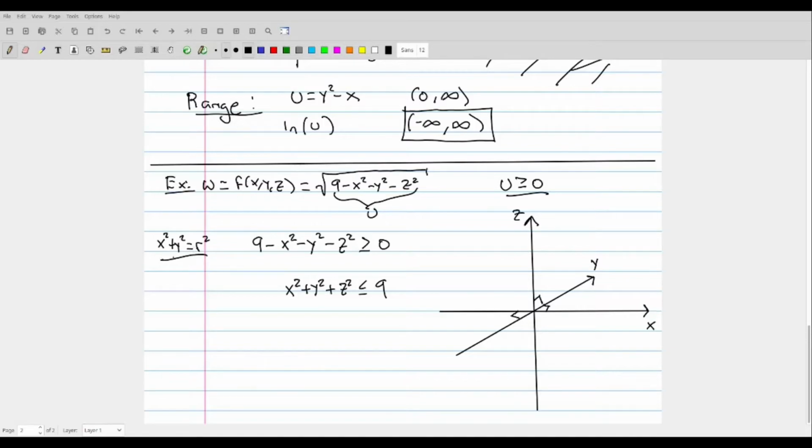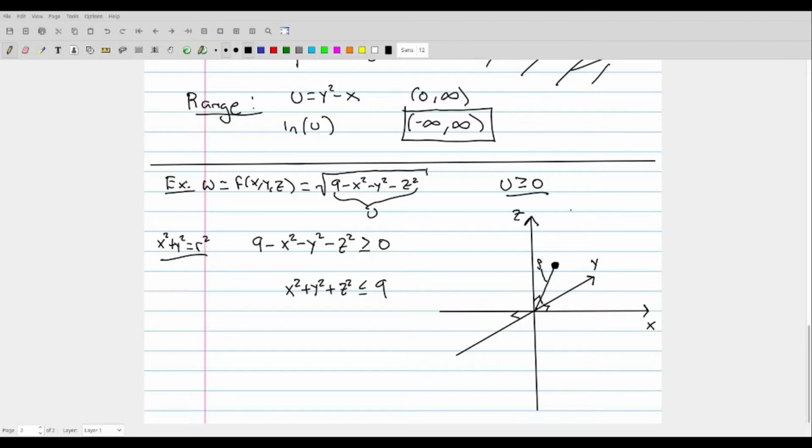Where r is the distance away from the origin in 2D, or in the xy plane, we can do the exact same thing in 3D. So for any point, the distance out to that point can be called rho.